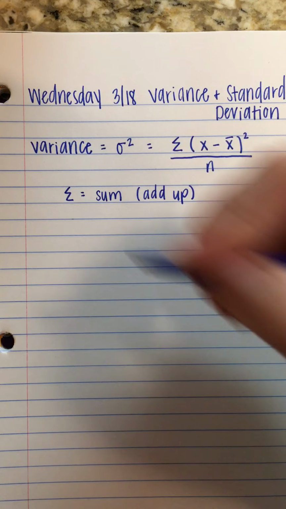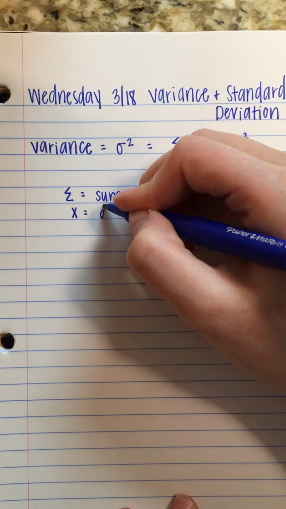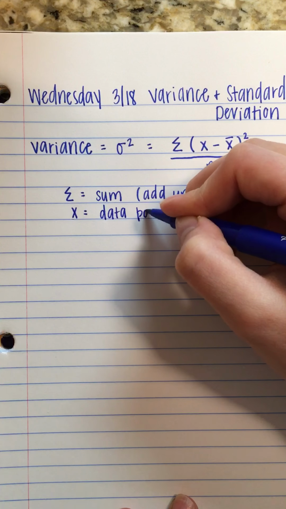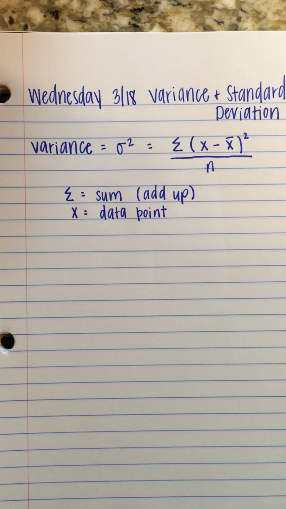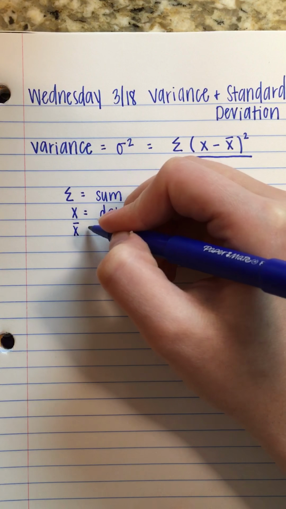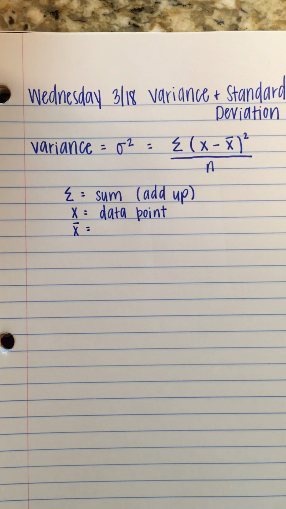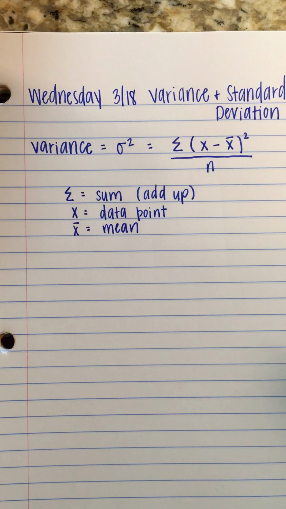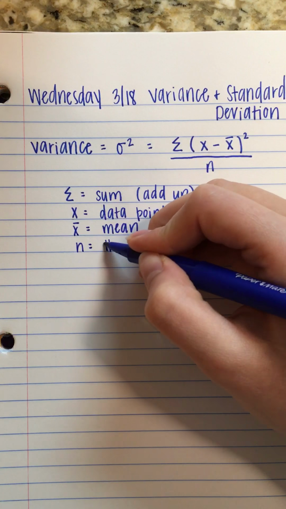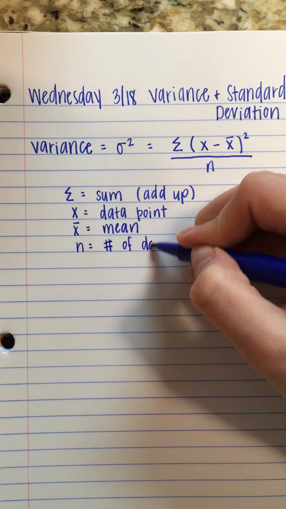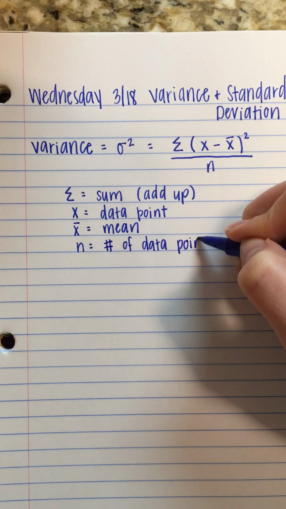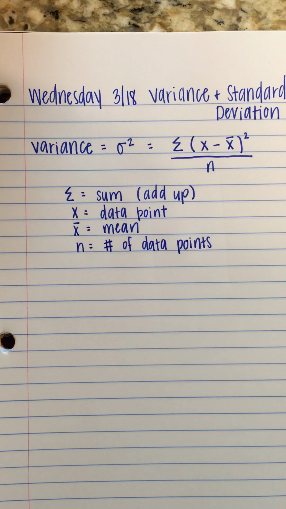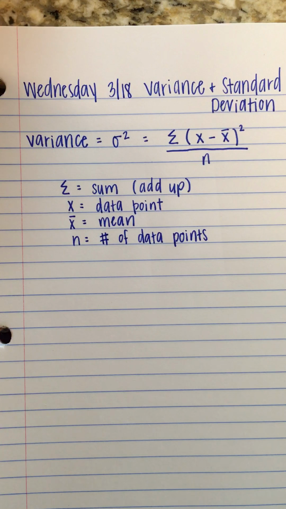Just breaking it down: x is just going to be one of our data points. x bar, we did use when we were doing mean absolute deviation, and we used that to represent the mean of our data set. n in this case is just going to be the number of data points, so how many items you have in your set. Again, I know it's kind of weird, but we'll get through it.